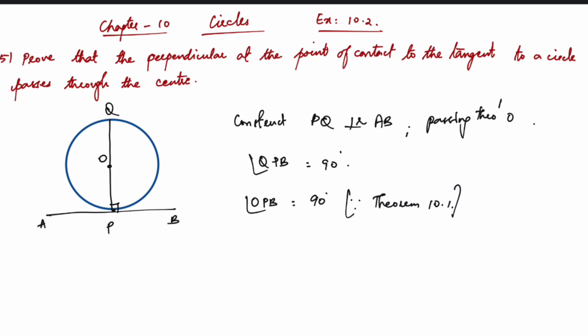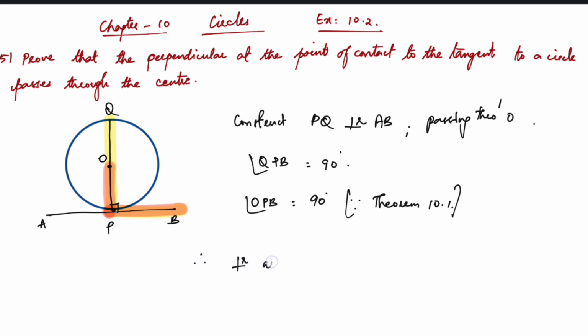We know that angle QPB is 90 degrees as well as angle OPB is 90 degrees, which implies that they both are the same and it passes through the center of the circle.